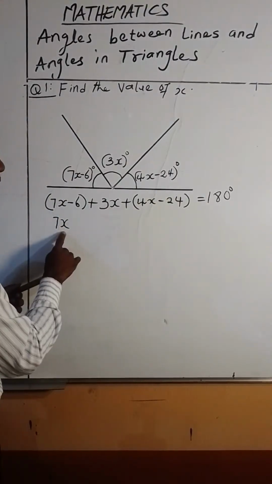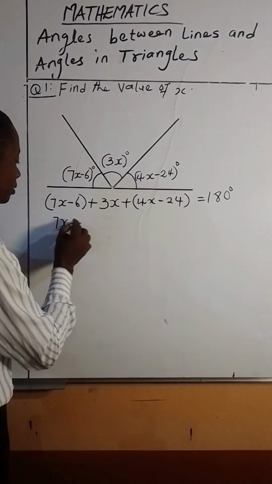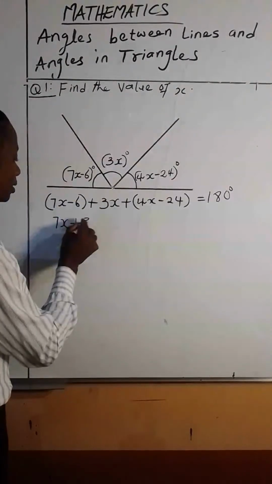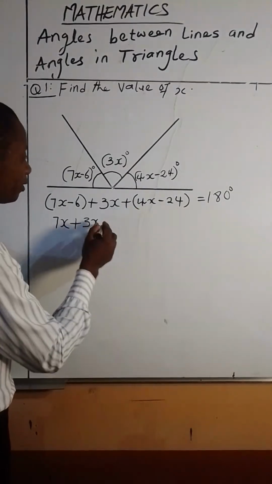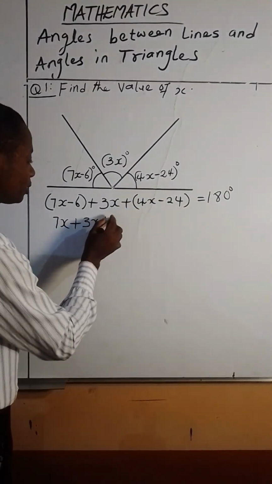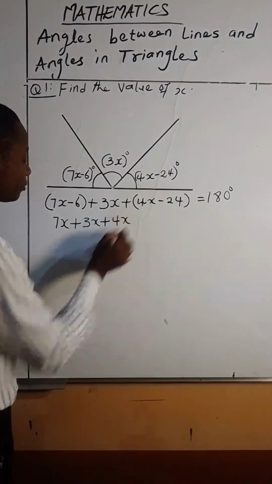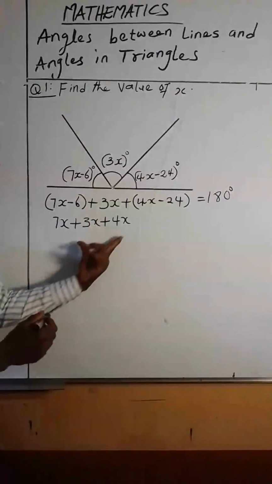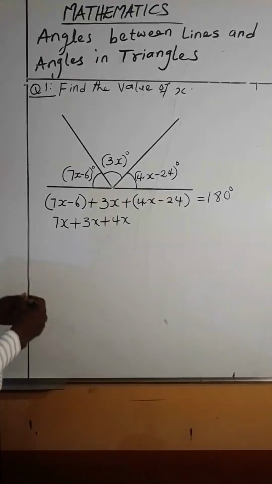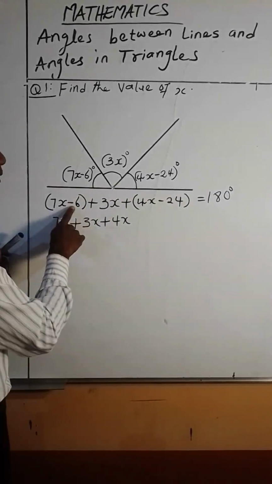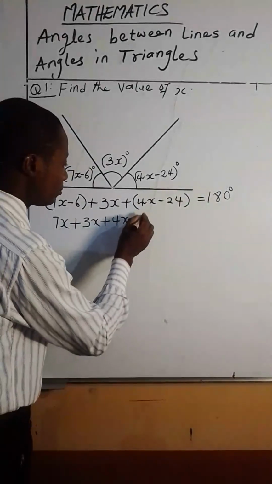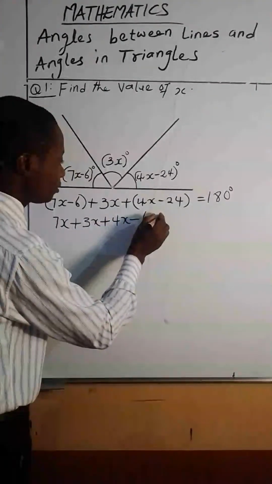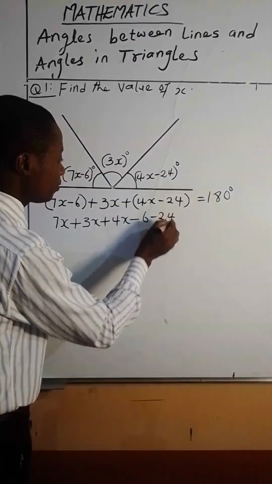Bring 7x, then plus 3x, then plus 4x. So these are the three values in terms of x. Then this is minus 6, and this is minus 24. So we bring in minus 6 and minus 24.